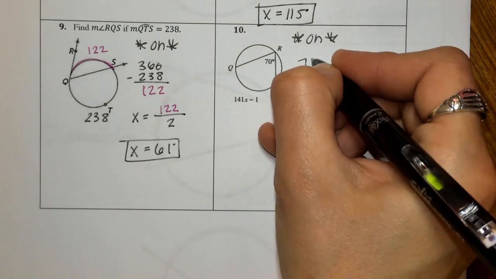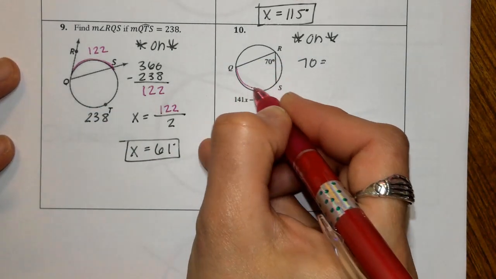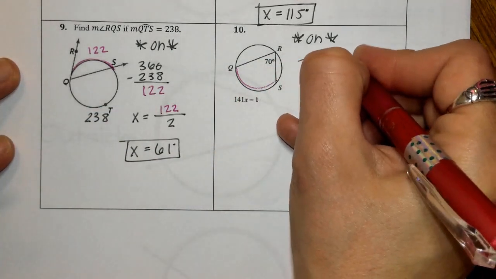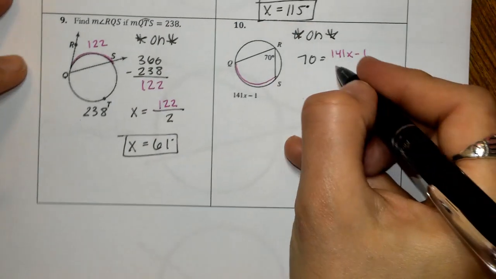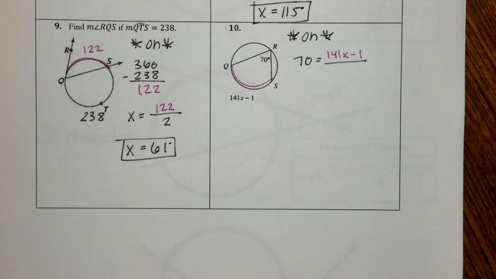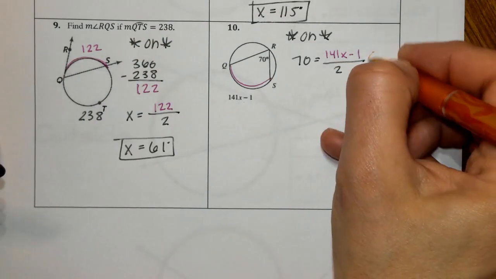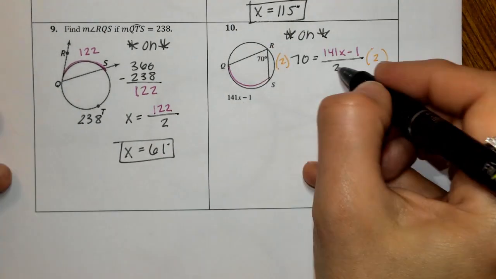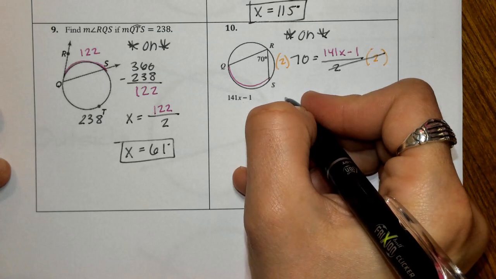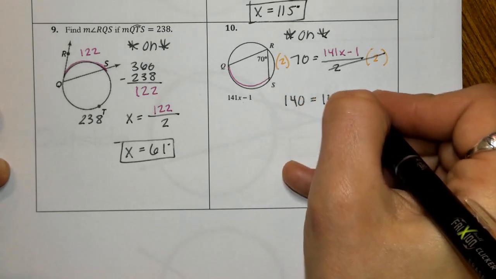So the angle measurement of 70 will be equal to the intercepted arc right here, 141x minus 1 divided by 2. And we'll start off by getting rid of the 2 in the denominator. Multiply both sides by the 2. So we have 140 equals 141x minus 1.